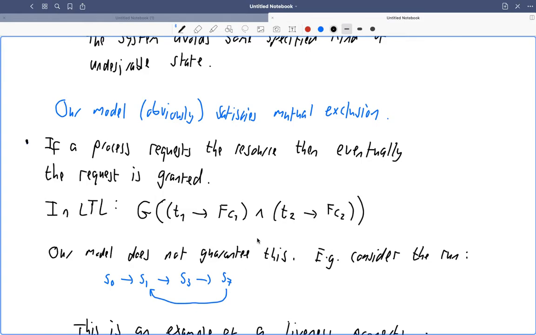So by referring back, and I ask you to do this, to the definition of the satisfaction relation, you will see that this path does not satisfy this formula. Because to satisfy this formula, whenever T1 holds, there has to be a future state at which C1 holds, and whenever T2 holds, there has to be a future state along the path at which C2 holds.